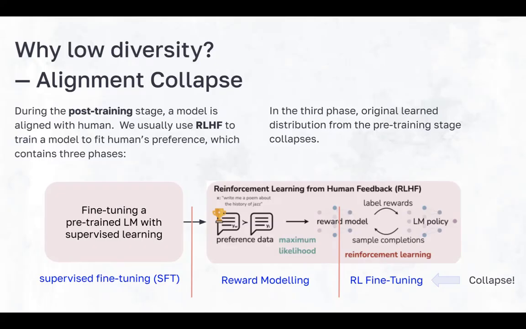So we do it again and again. In these iterations, we increase the probability of good answers and decrease the probability of bad answers. So finally, we get this policy model, which is most aligned with human preference. And this stage is where the collapse happens.